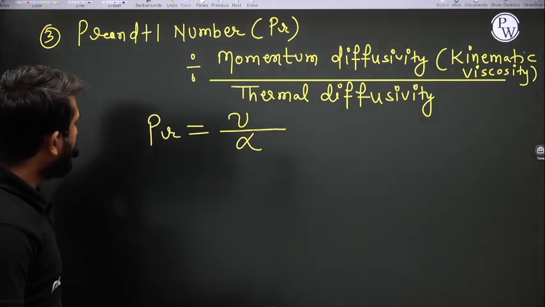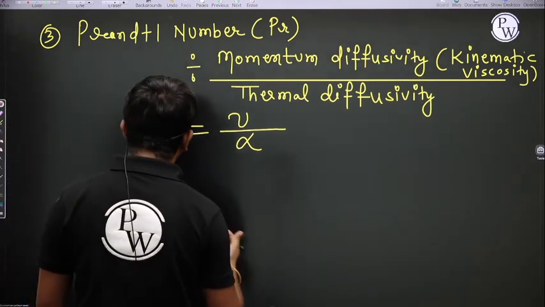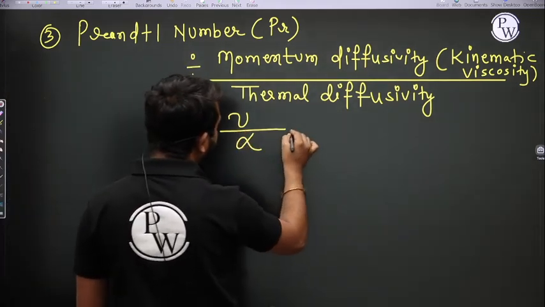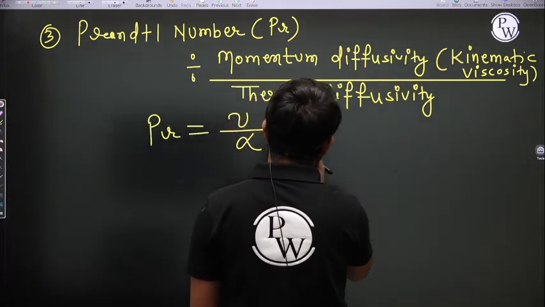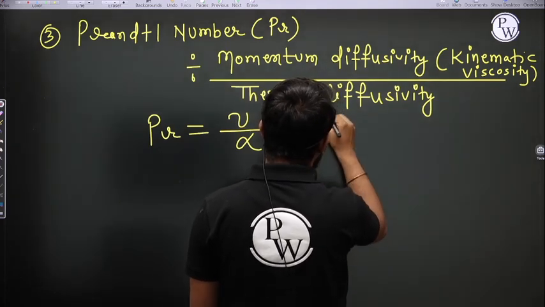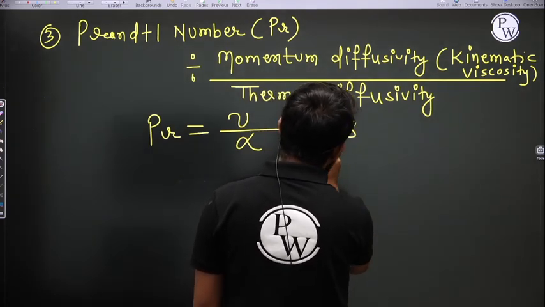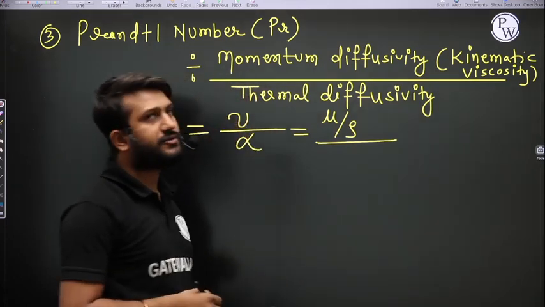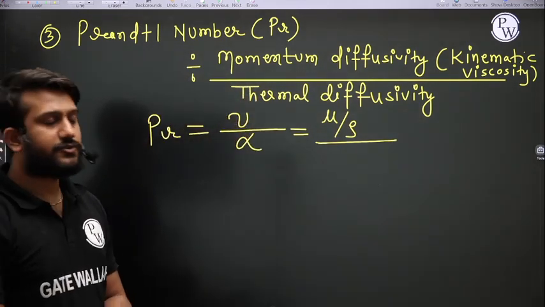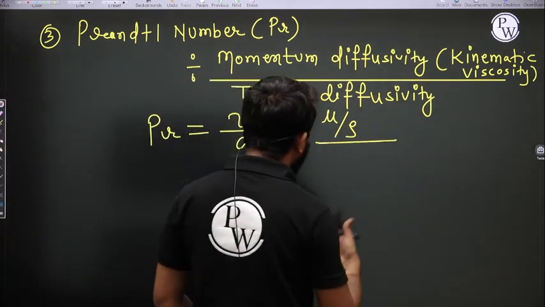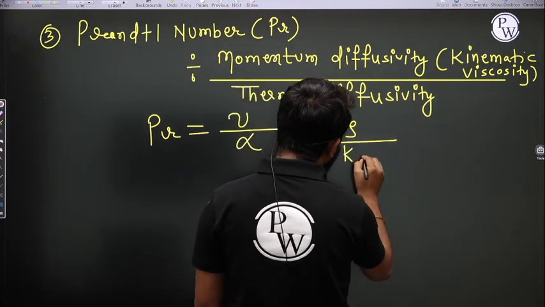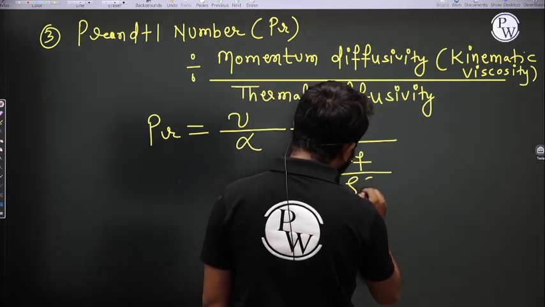And you can write the Prandtl number in another way also, because nu is equal to mu by rho, that is, dynamic viscosity to density. The nu is the kinematic viscosity. And alpha is the thermal diffusivity, which is Kf by rho Cp.